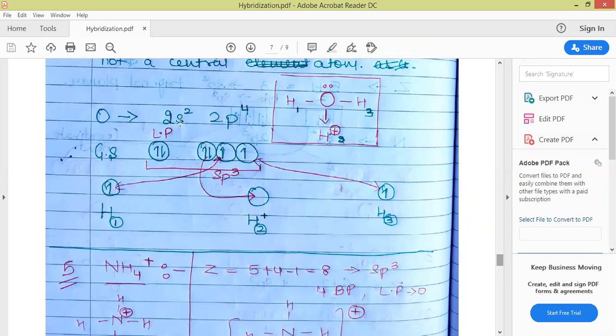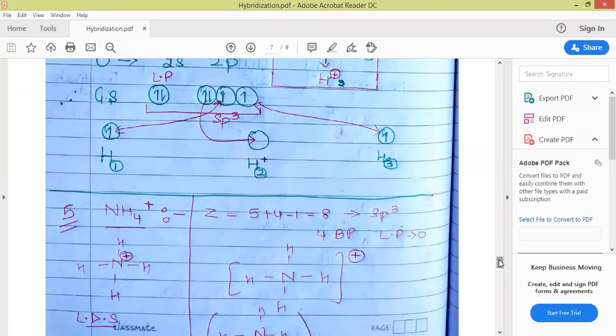Oxygen is having the ground state electronic configuration like this. Here we need to form 2 sigma bonds and 1 coordinate bond. So based upon that, we have 2 unpaired electrons and 1 lone pair is present, and 1 lone pair will be kept paired because we need to form a coordinate bond with H positive.